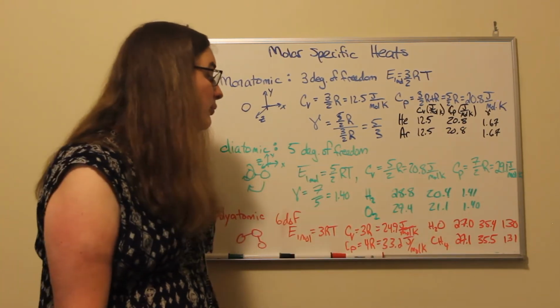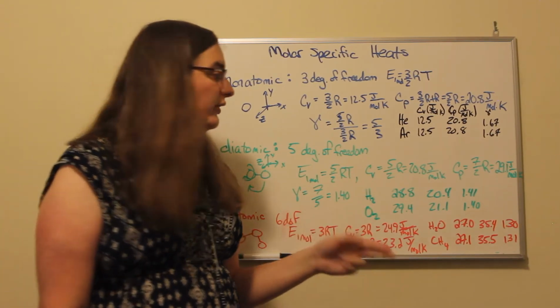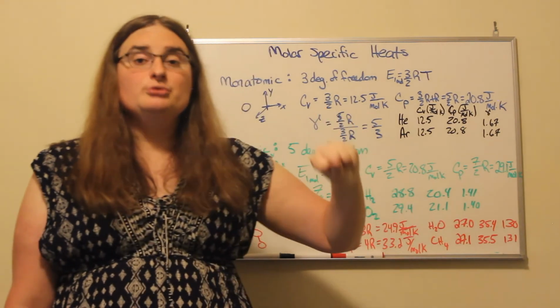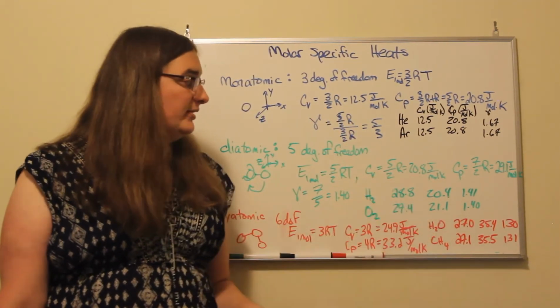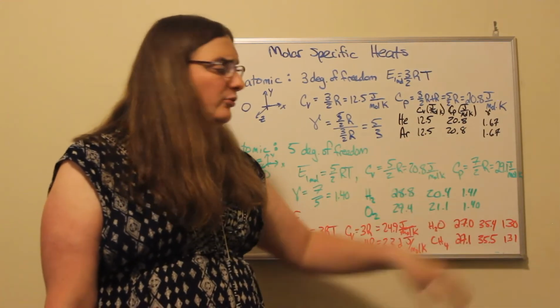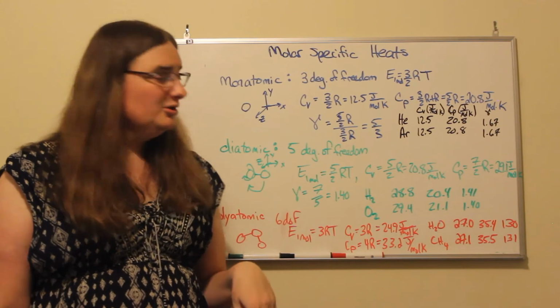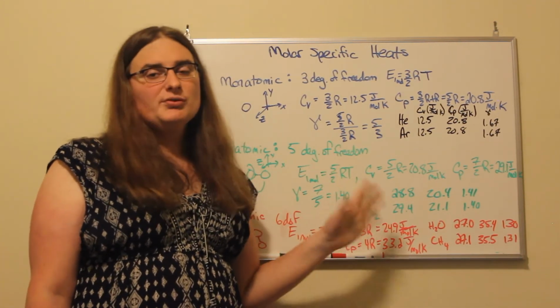I get 1.41. For oxygen, I get 29.4 joules per mole Kelvin instead of 29.1 for C sub P. For C sub V, I get 20.1 joules per mole Kelvin instead of 20.8, but I do get a ratio of 1.40, so oxygen's a little high, hydrogen's a little low from the prediction, but they're still pretty close.